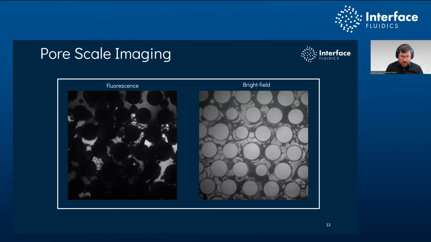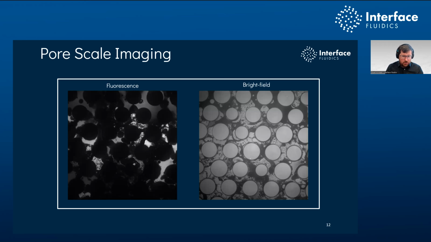As I said, we have direct visual access to the porous media, which means we're able to see things happening in real time. To give you an example, almost all of the images you're going to see today are going to be in a style that looks like on the left side there, where we're using the natural fluorescence of the oil to understand where the oil is and is not, for example.